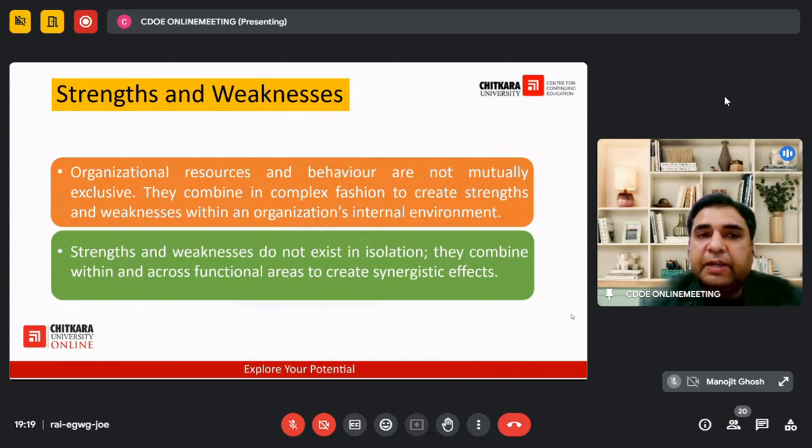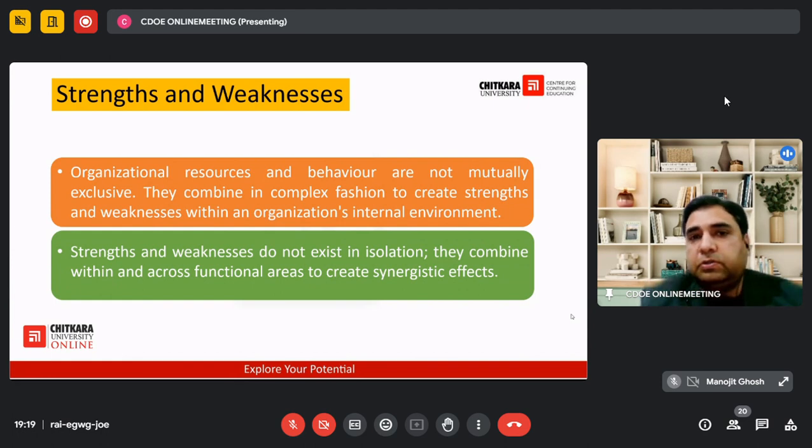And if an organization wants to excel, it needs to create a strength that reflects its organizational resources and behavior mutually. Again, I'm stressing that organizational resources and behavior are organizational strengths or weaknesses.